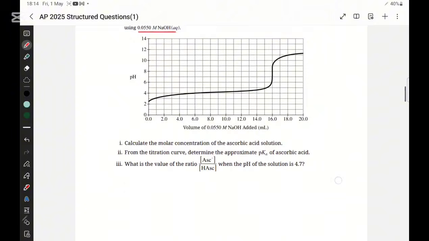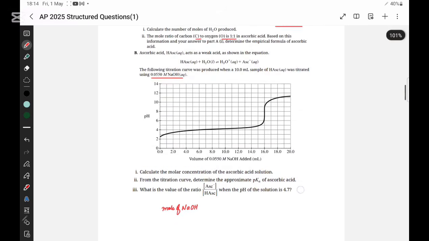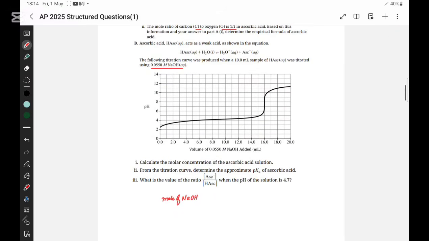So first of all, we are going to find the moles of NaOH. Moles of NaOH is going to be concentration, 0.0550, and the volume of NaOH that has been used up till the equivalence point, that is going to be 16.